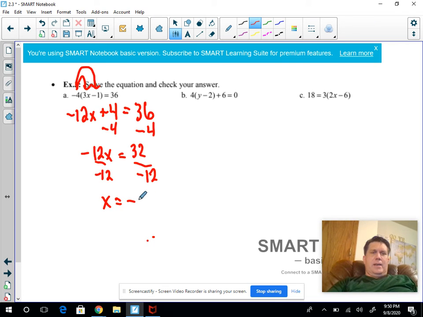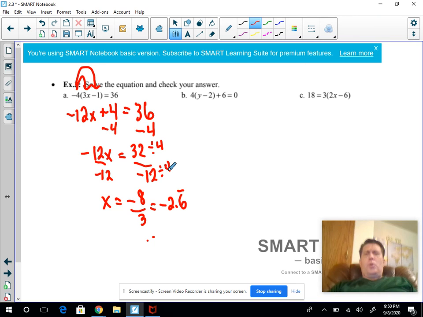X is a negative. If we divide each of these by 4 to reduce them, we would get -8 over 3. If you want to make it a decimal, -2.6 or 2.67, repeating 6.